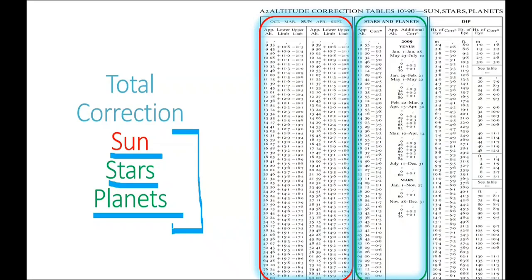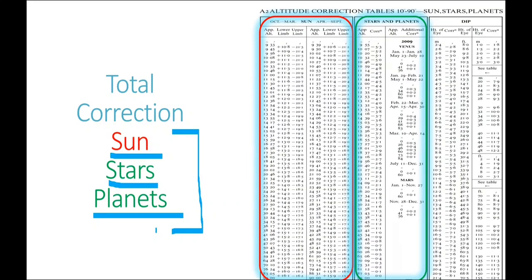Okay. Now, when you are picking up the correction for planets, be careful when you are picking up it for Venus and Mars. There are total 4 planets which we use for celestial navigation: Venus, Mars, Jupiter, and Saturn. Now, out of these 4, Venus and Mars, they are the inferior planets.